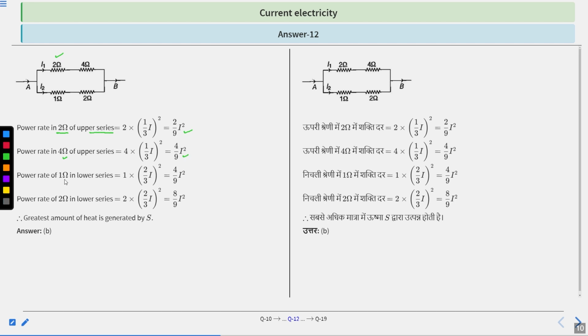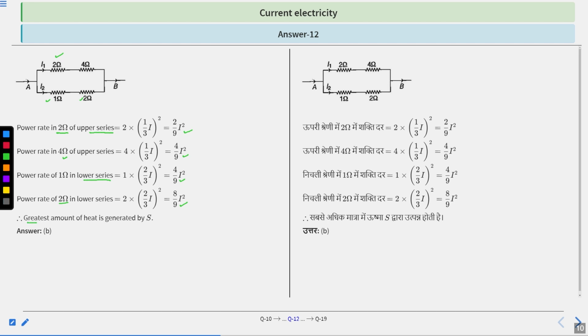And power rate of 1 ohm in the lower series is 1 into (2I/3) whole square, which is equal to 4I square divided by 9. And power rate of 2 ohm in the lower series is equal to 2 multiplied by (2I/3) whole square, which is equal to 8I square by 9.